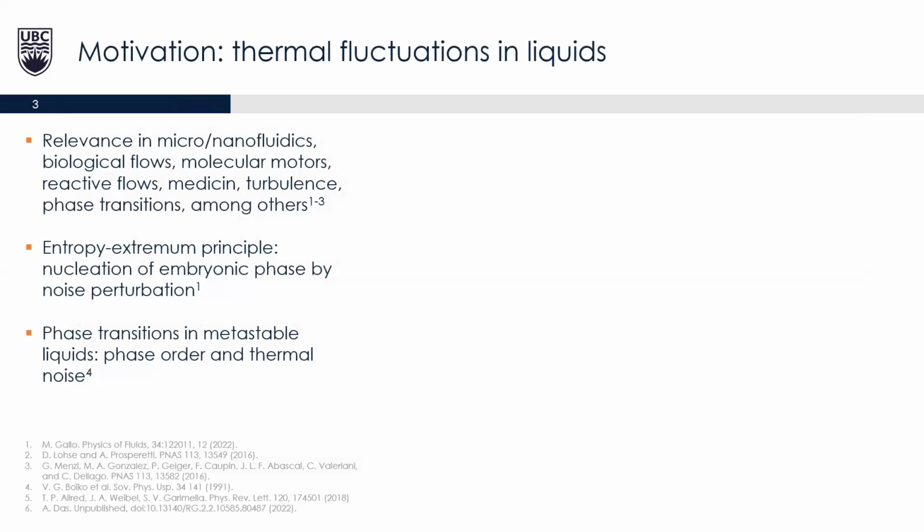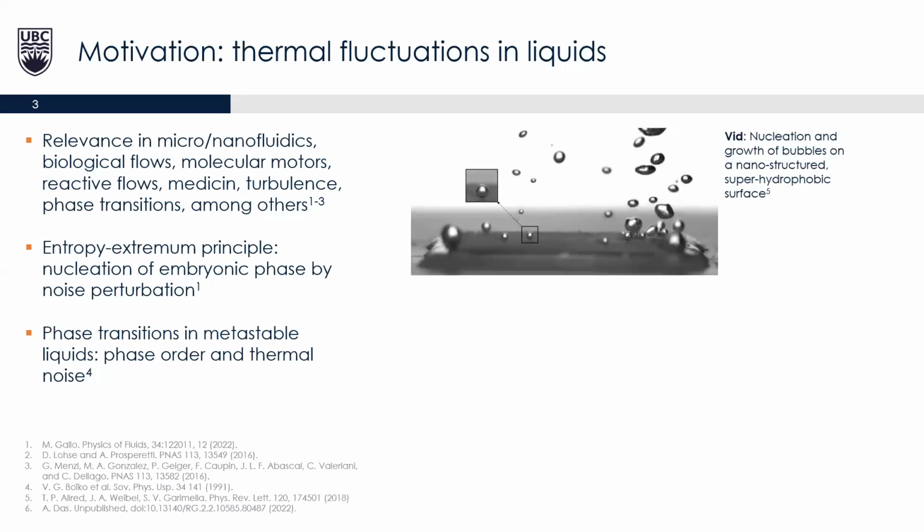Thermodynamic fluctuations are ubiquitous in a lot of applications, and I started my PhD really focusing on phase transitions. For example, a problem like nucleation in boiling is quite complicated.